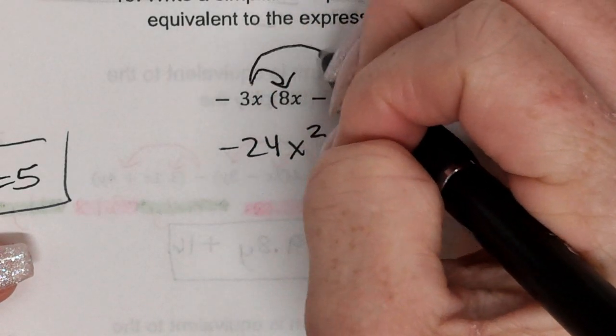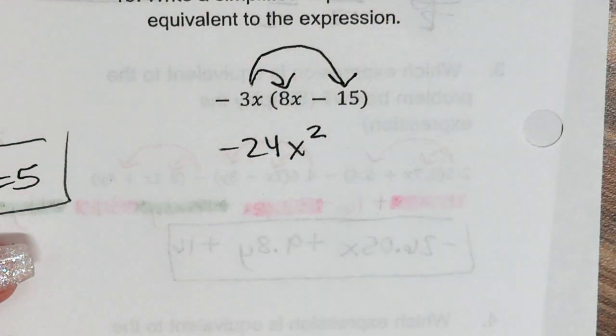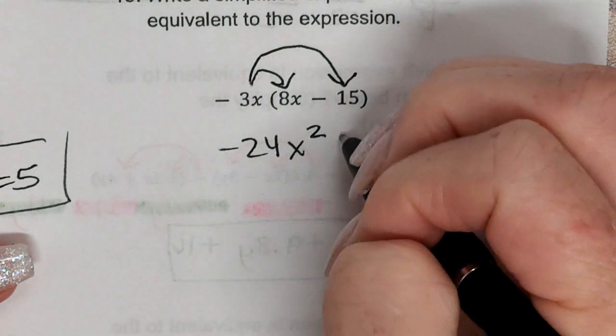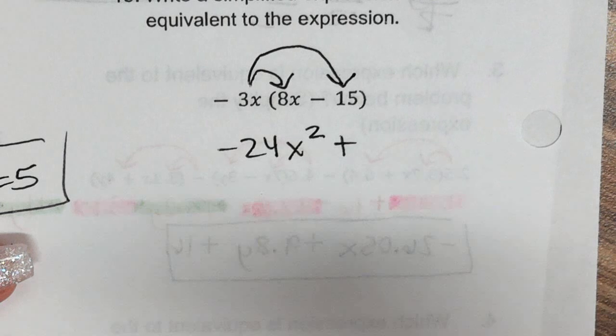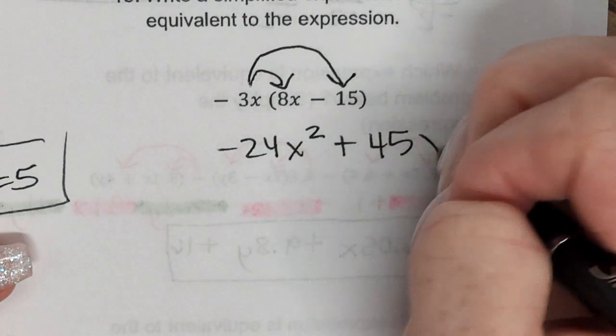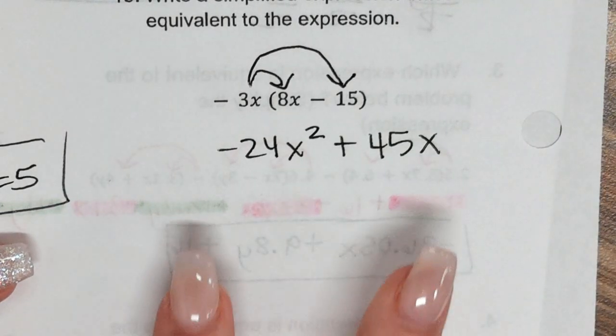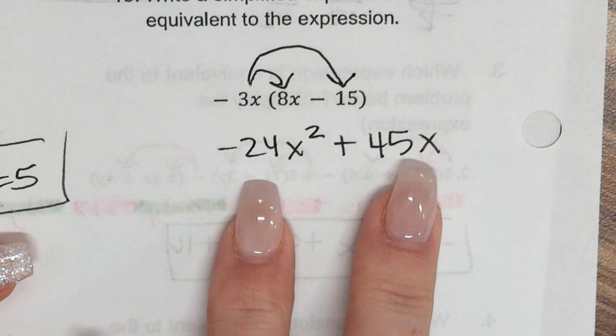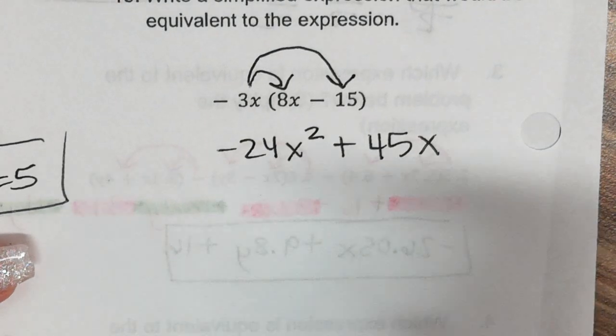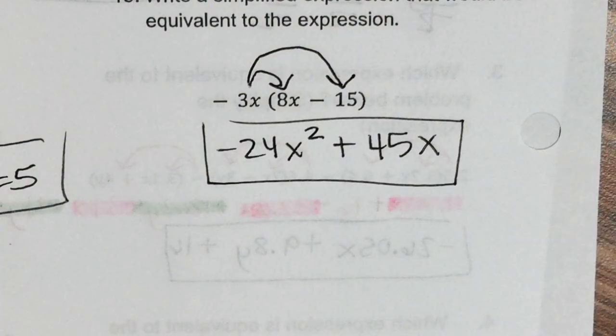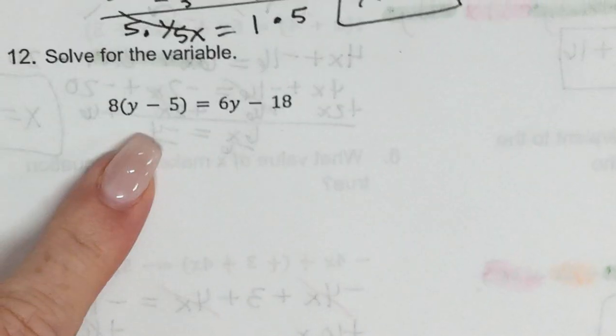So negative 3x times negative 15 is positive 45x. Can I combine these? No, they are not like terms, so it is simplified to its simplest version. Everybody okay?